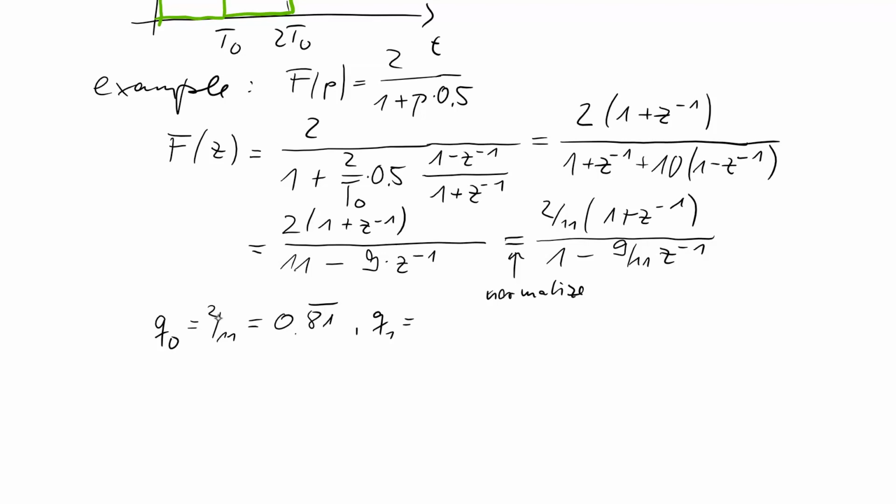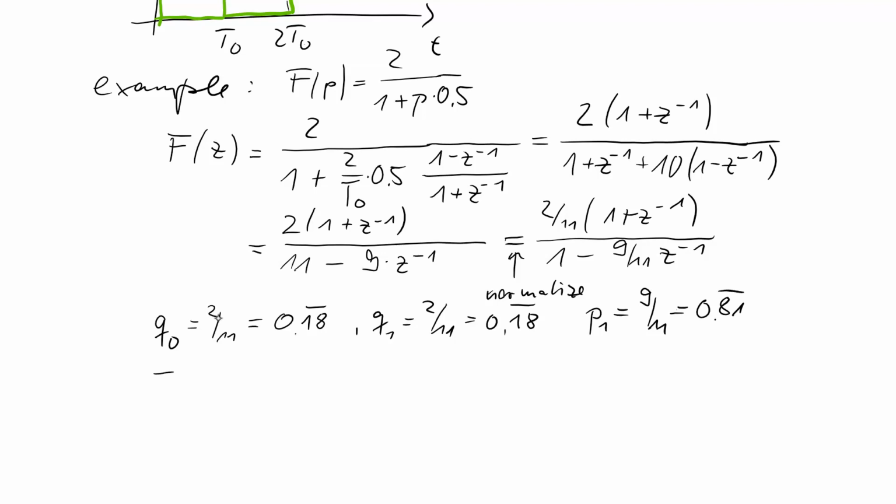Q1 is the same, 2 divided by 11 is the same, 0.18 repeated. Sorry, that's live. 2 divided by 11 is of course not 0.81, that is 0.18 repeated, and P1 is 9 divided by 11, this gives 0.81 repeated.